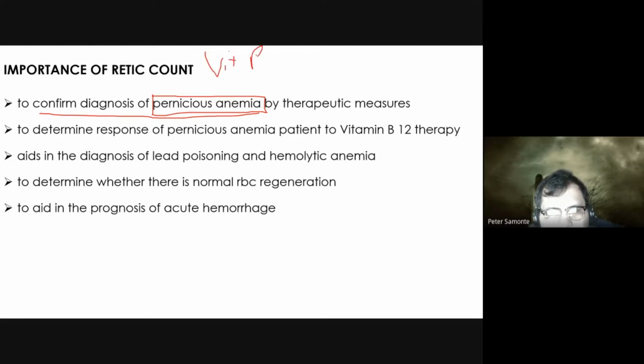And what is the purpose of your vitamin B12? Para saan ang vitamin B12, class? Anong nagagawa ng vitamin B12? What is the purpose of your vitamin B12 sa cells?